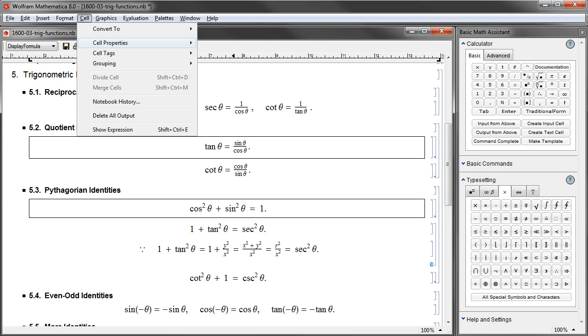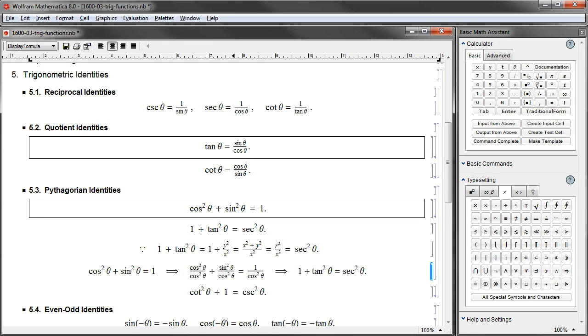Another way to prove it is to do this. From the original Pythagorean identity, cosine squared plus sine squared is equal to 1, divide both sides by cosine squared. And cosine over cosine is just 1, and sine over cosine is tangent, and 1 over cosine is secant, so we end up with the desired identity.